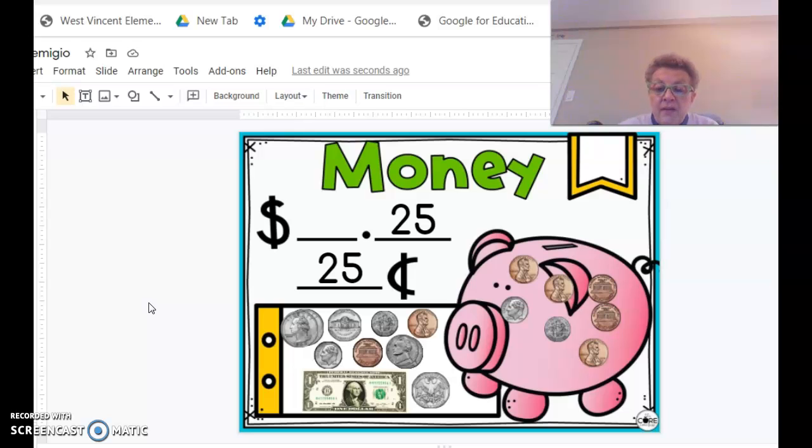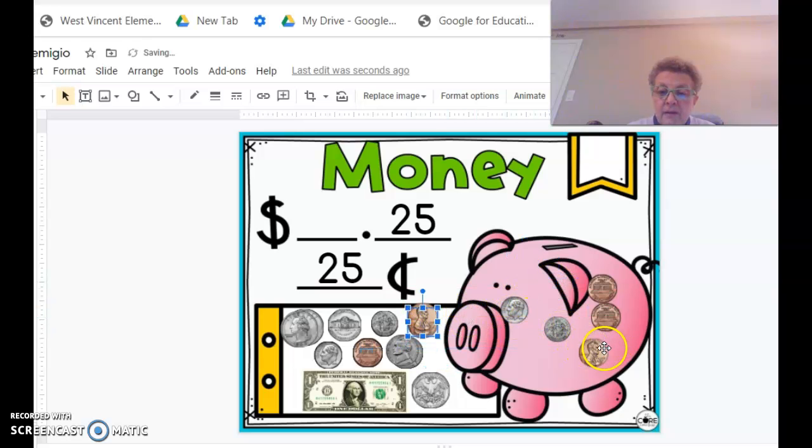I know a dime is worth 10, and I know pennies are worth 1. Oh, 10 what? Oh, 10 cents and 1 cent. So I have 5 pennies here, and I know that a nickel is worth 5 cents too. So I can make an exchange. I can exchange my 5 pennies for 1 nickel.